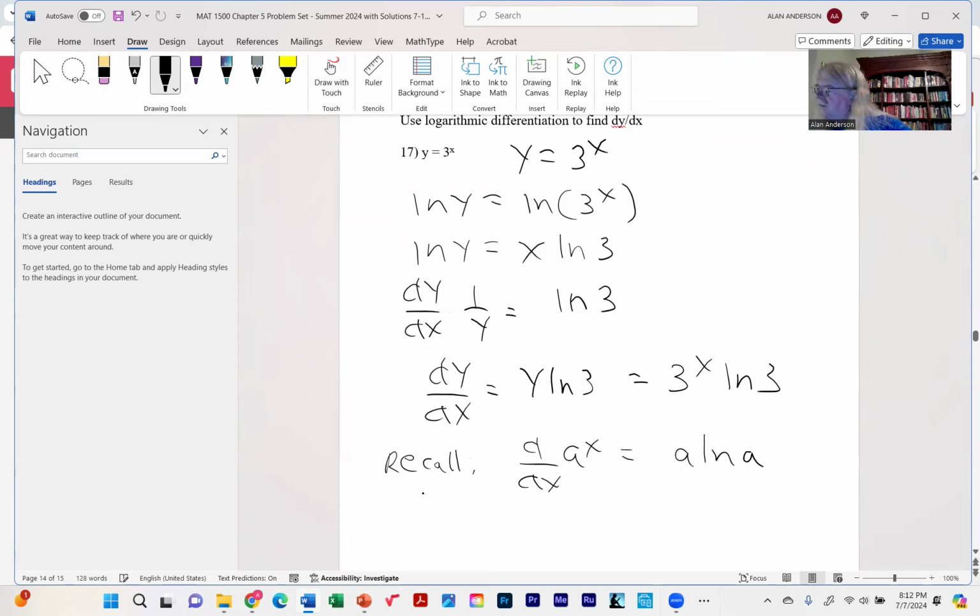Remember up here, oh, God, I almost left it out. I still need 1 over log 3. That's better. That was a close call. I almost left out the 1 over log 3.